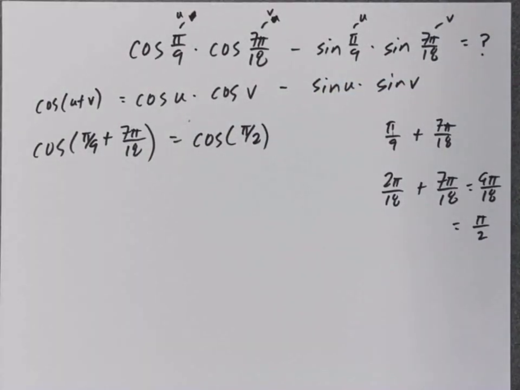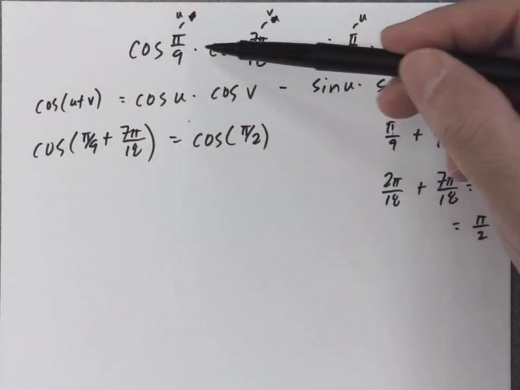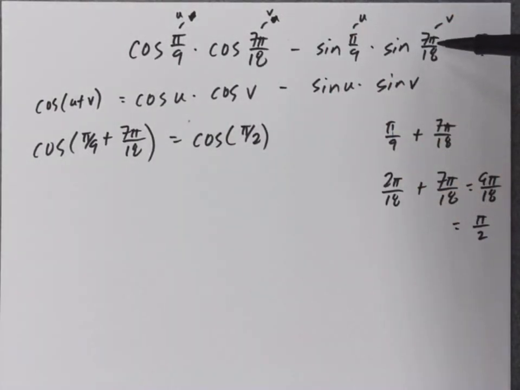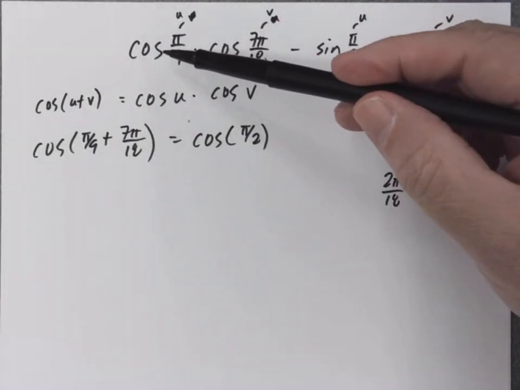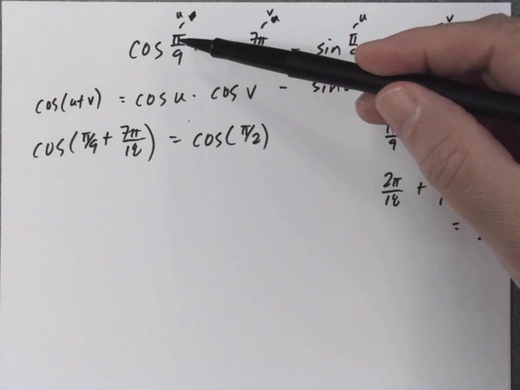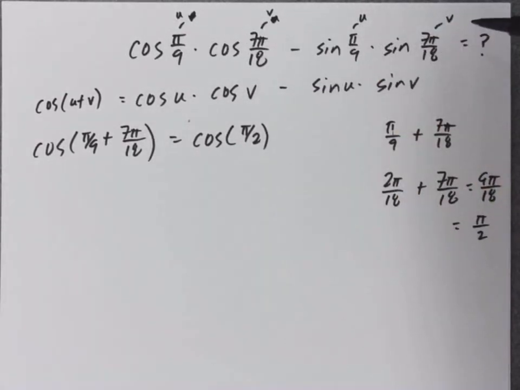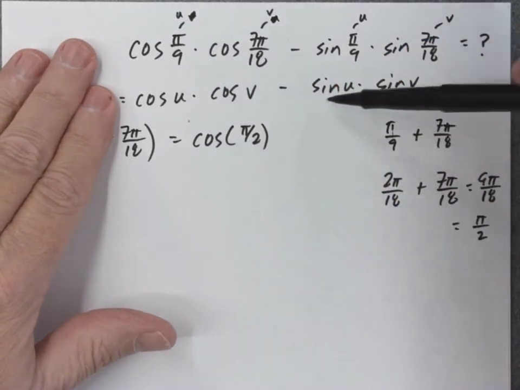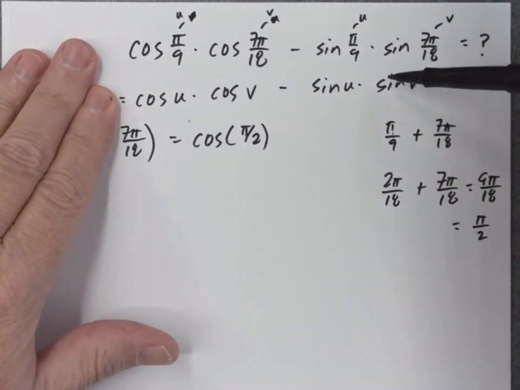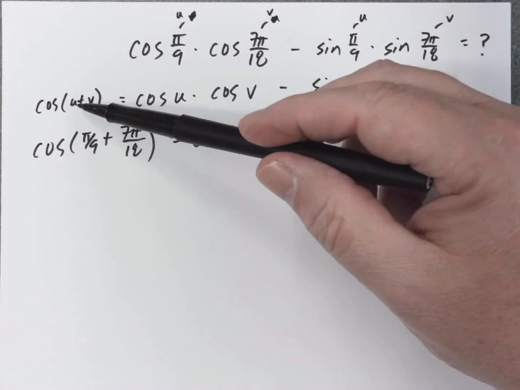So what have we done? Let's review this quickly. It's what we were given. I decided to try to use the sum or difference formula backwards. I figured out what I was going to call u and v, and I realized this is in this form here. Now if I go to my formula sheet, that equals cosine of u plus v.